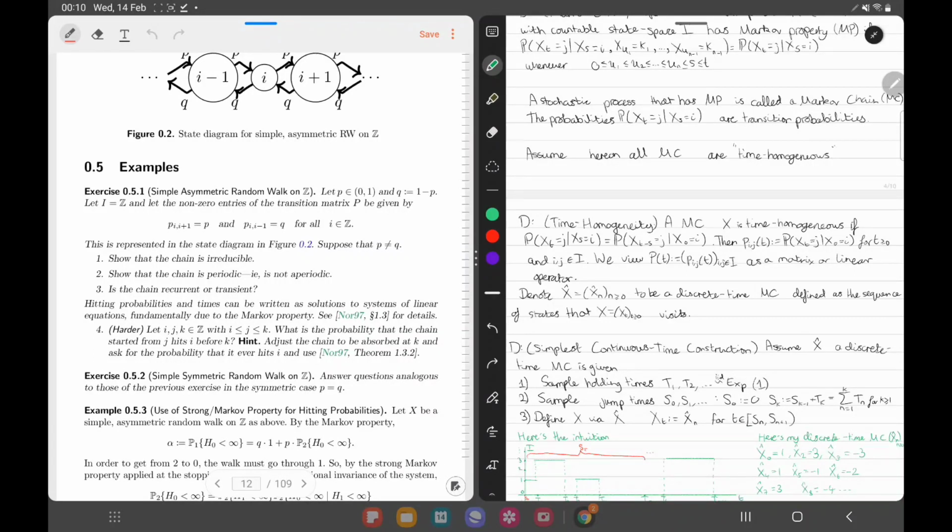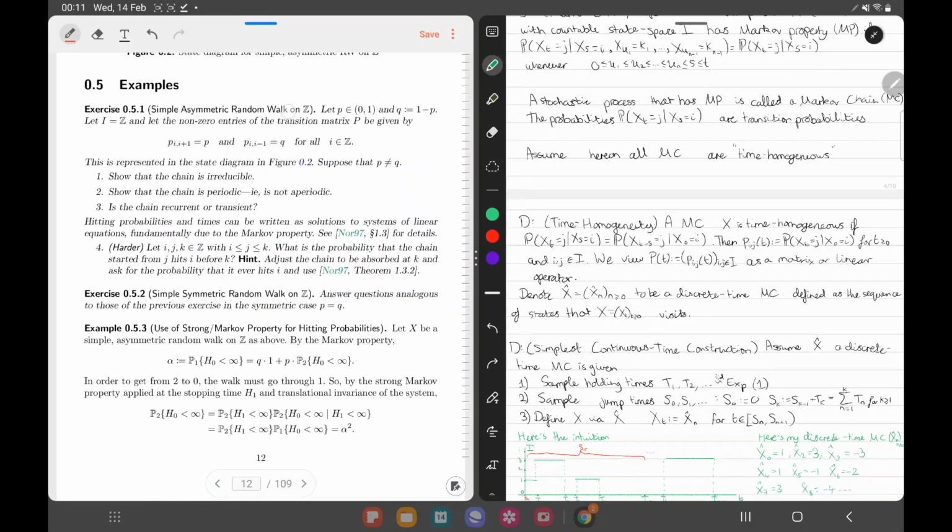The transience and recurrence relate to whether or not you solve some sort of system of, what are they called, recurrence relations. No, it's not like a recurrence relation. You invent the system of equations, and it's the minimal solution to these systems of equations, which is exactly what they do here.